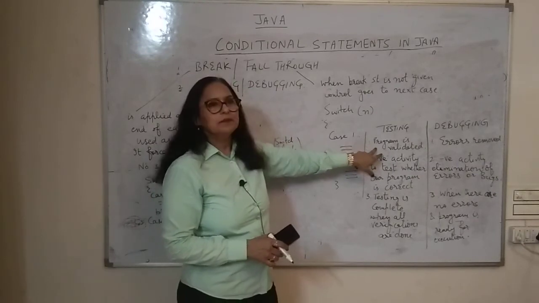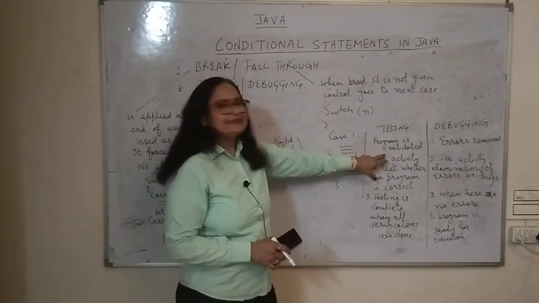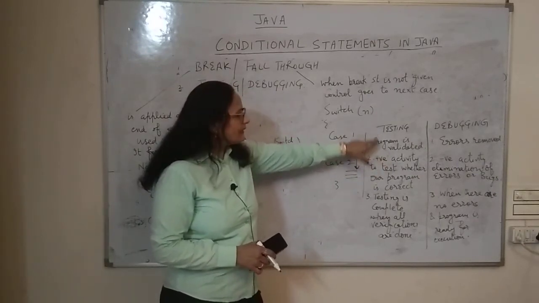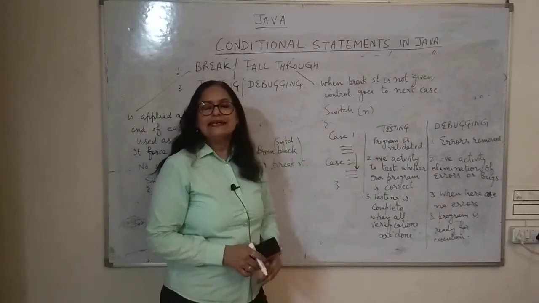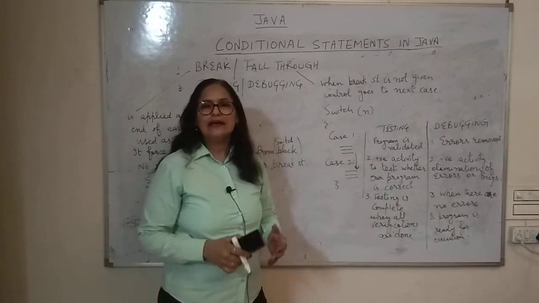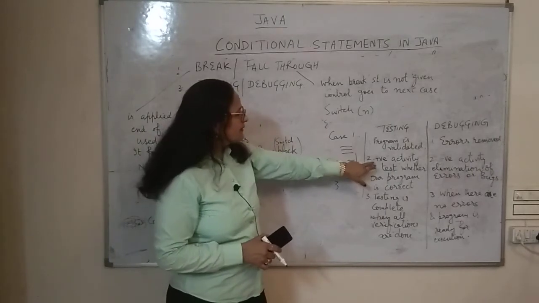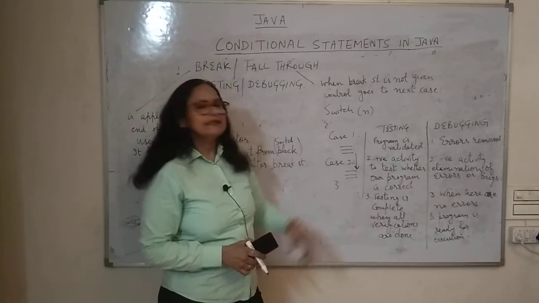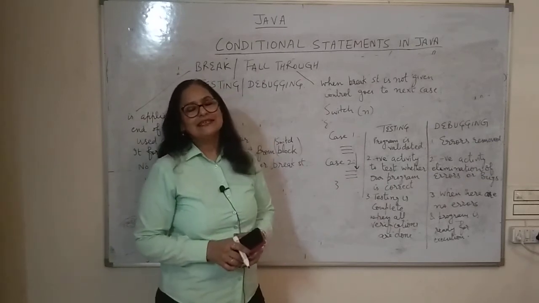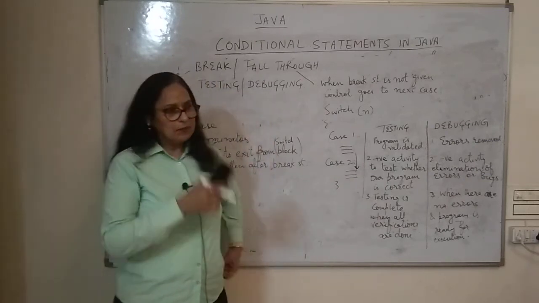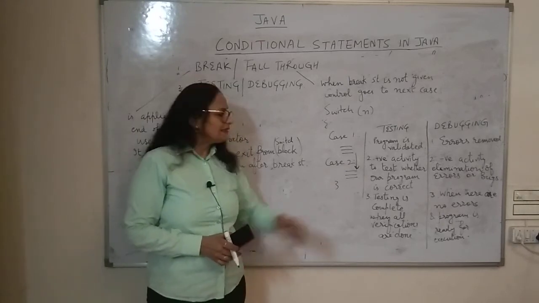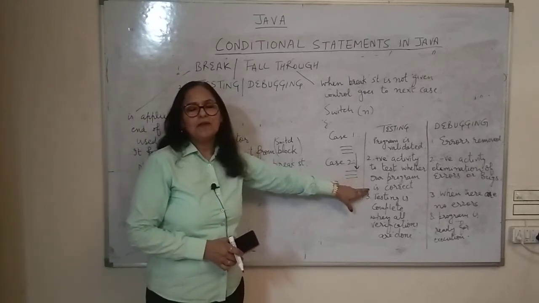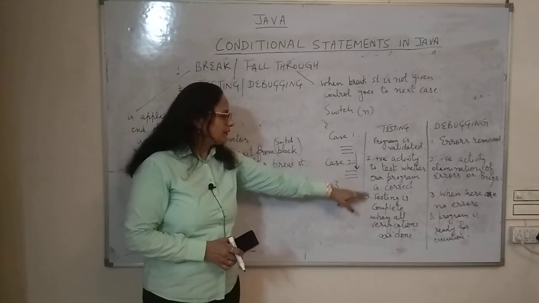Now here the program is validated. In testing, the program is validated. It is checked whether the program is valid or not valid. Second, this is a positive activity to test whether the program is correct or not correct. The programmer has written a program, but is there any mistake in that program or not? The testing can check that.